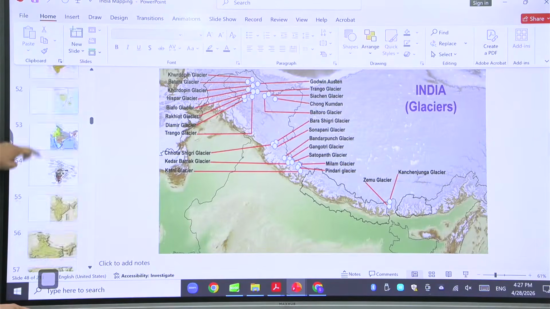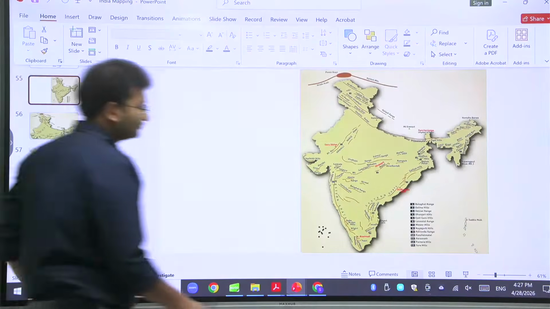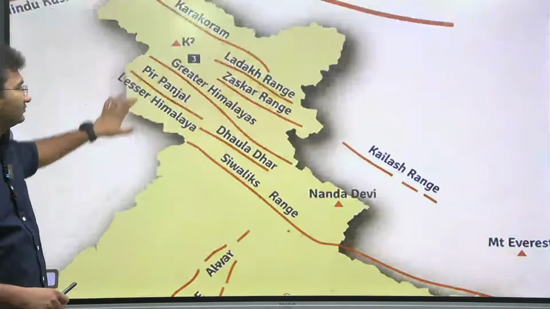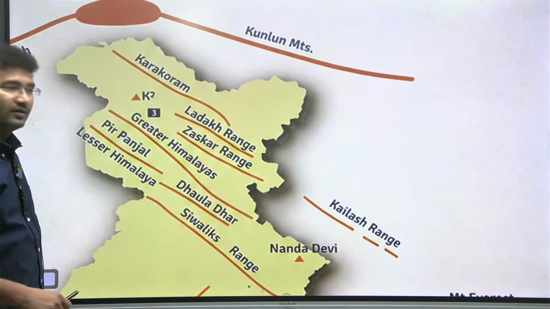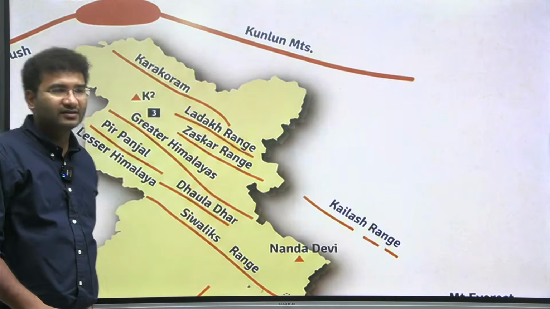Now come to the mountain ranges that we are supposed to look at one by one. From the north: Karakoram, Ladakh, Zanskar.